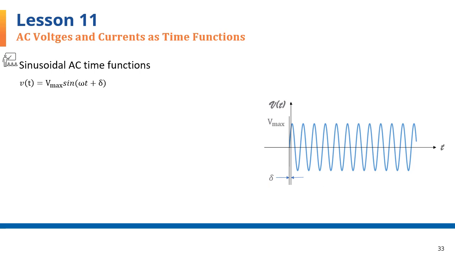In terms of time shift, delta radians is equivalent to delta over omega seconds of time shift. Delta over omega has a time unit, and that's the time shift of the graph.